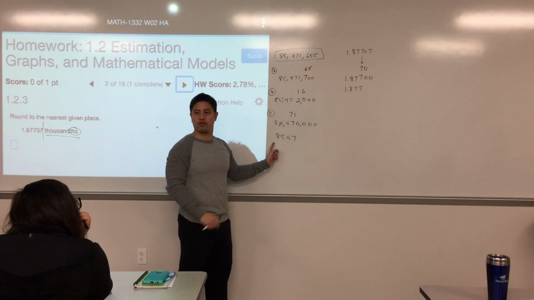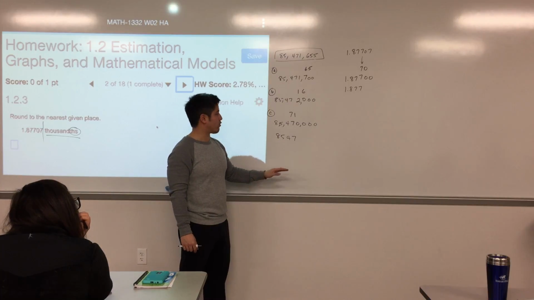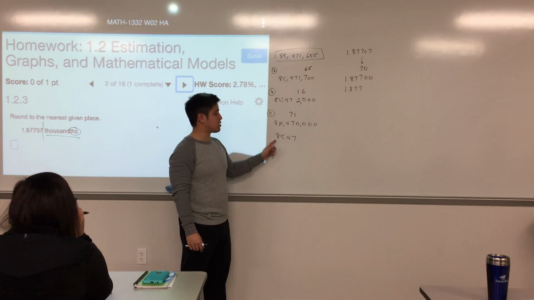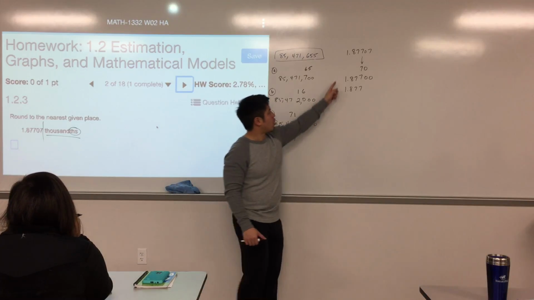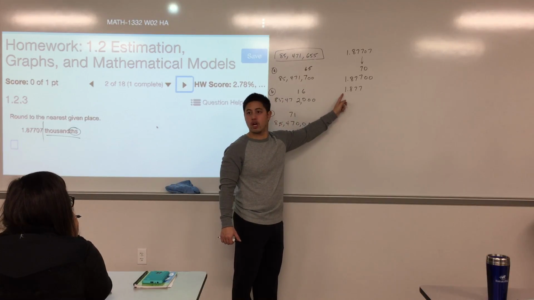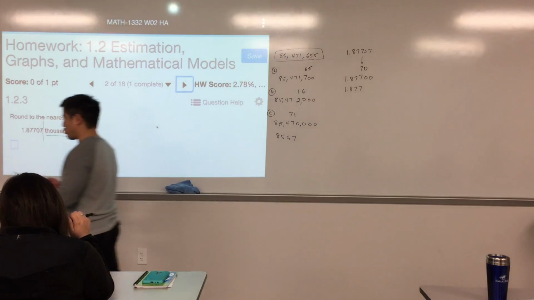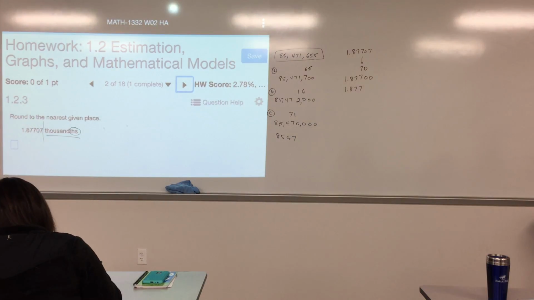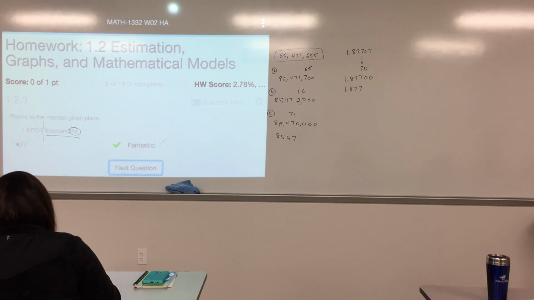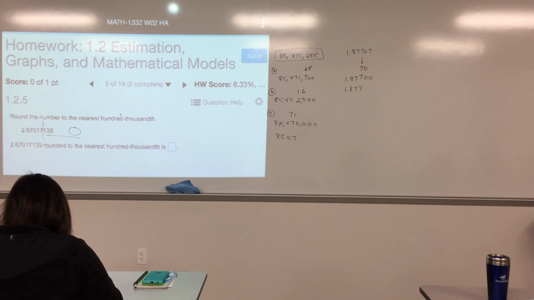Would these be two different things? Completely different. This is huge. This is smaller. Is there a difference between the decimals? No. Important distinction here between decimal rounding versus whole number rounding. As you can see, we don't have to write the zeros. Does that make sense, guys? Okay. All right, very good.